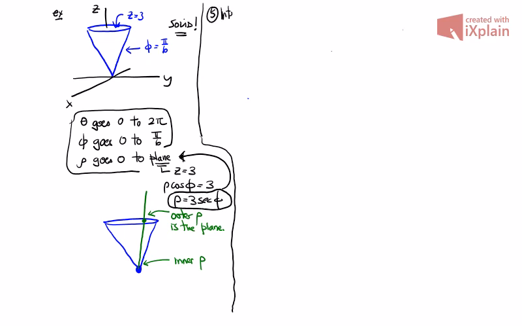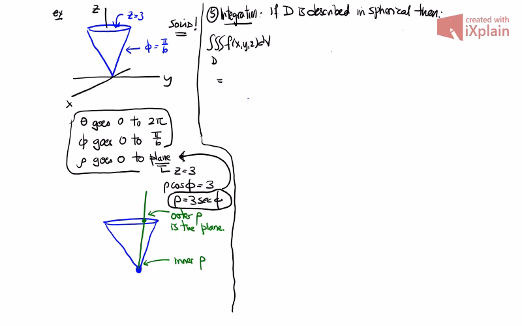So integration. Here's the deal, and I want to keep this example on the left in mind. If D is described in spherical, then this is what we get: the triple integral over D of f of xyz dV.